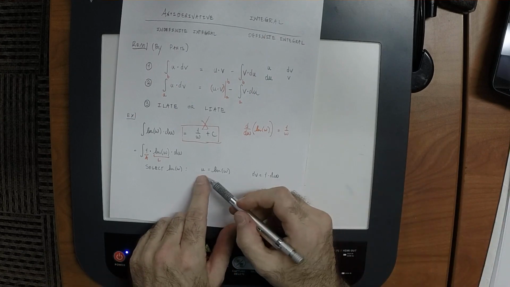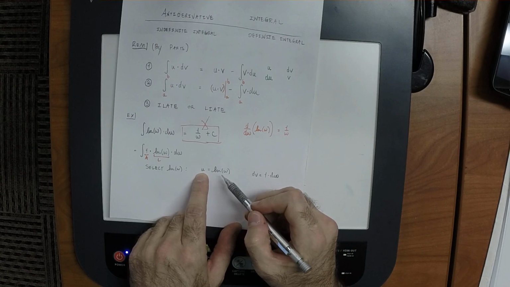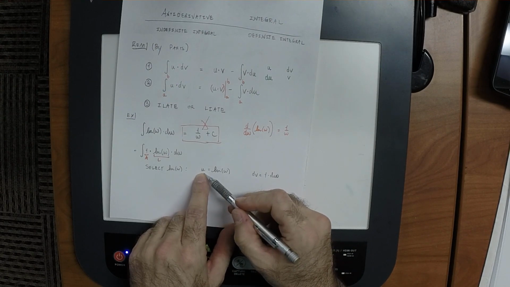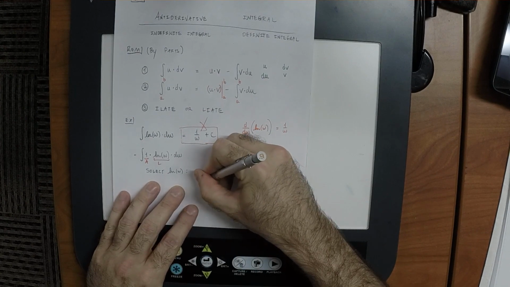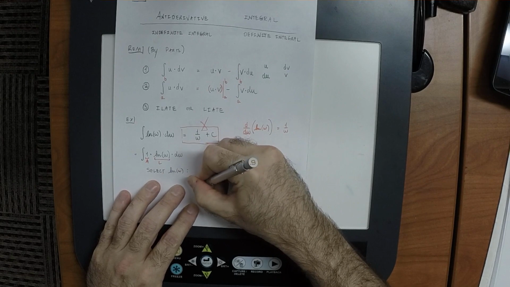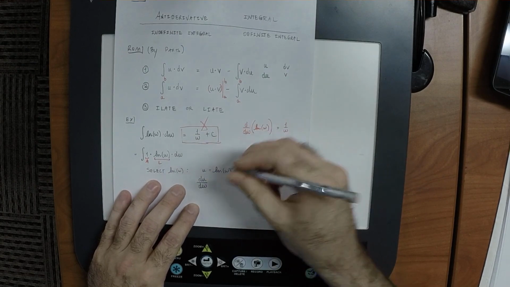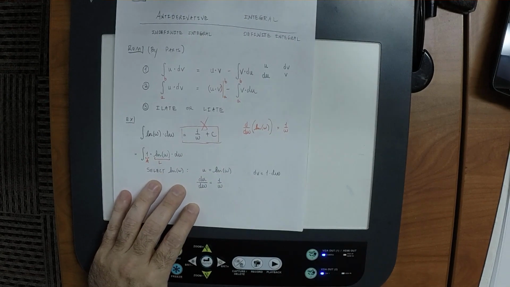So what can you get from this? Since we said u is log w, what can we get from u? We can get du. Okay, so then I'll write this out in the long way one time. You could say du dw is 1 over w, like so.